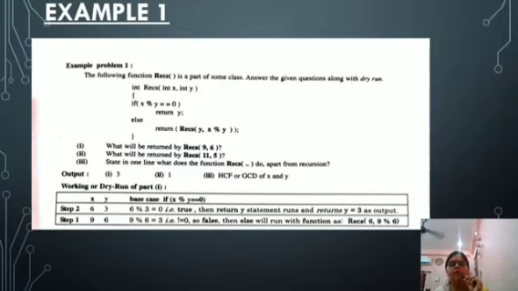So the first output will be 3, and in the second the output will be 1, it will return y, which is 1. It is showing the HCF or GCD of x and y. Okay, do it in your copy clearly.